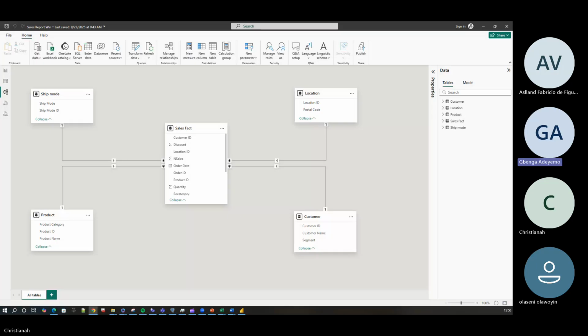It is a concept, right? When we say conformed dimension, I've given you an example: sales and inventory. What are the dimensions common to the two? You mentioned products and we mentioned dates. A very good example. Customer is not common to the two because customer will be related more to sales and not to inventory.